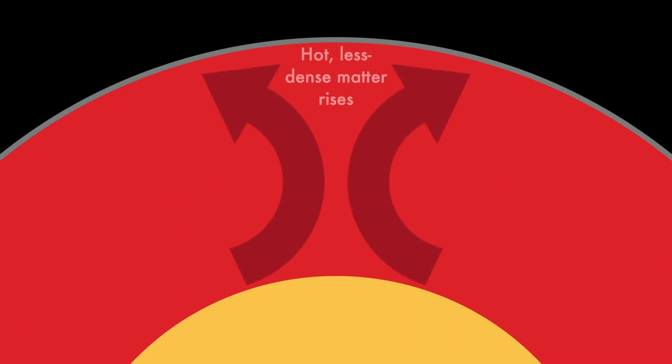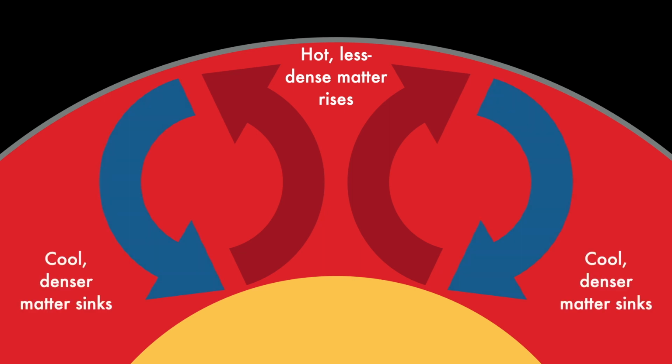This causes heat and matter to slowly rise through the mantle in some areas, while in other areas, cooled material sinks back downward. These currents slowly drag the rigid plates of the lithosphere across the upper mantle. This movement occurs relatively slowly. In fact, the fastest moving plate today, thought to be the Nazca plate, only moves at a rate of about 16 centimeters per year. That's just as fast as your hair grows.